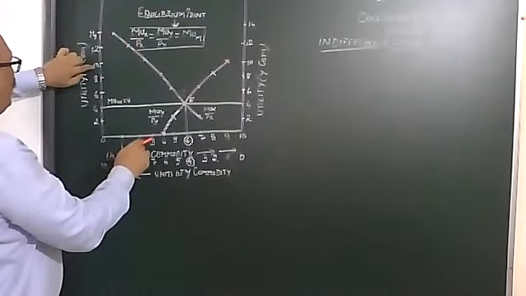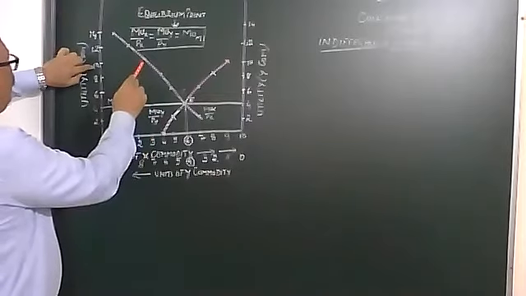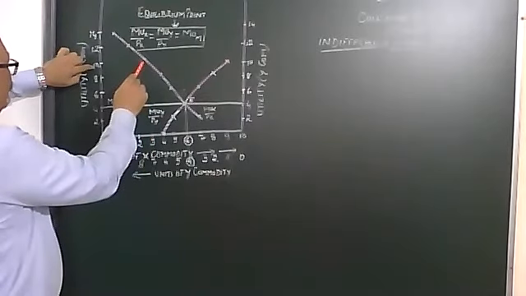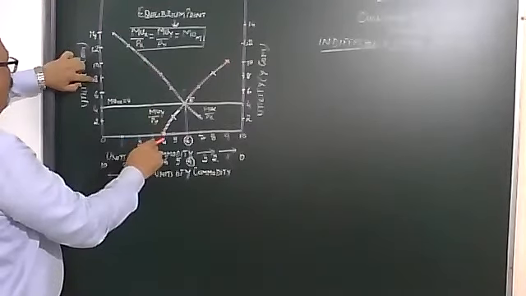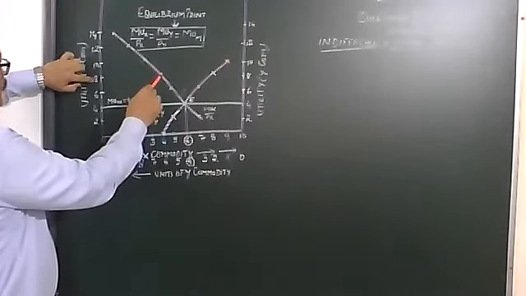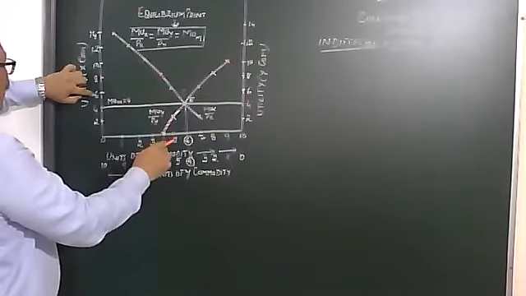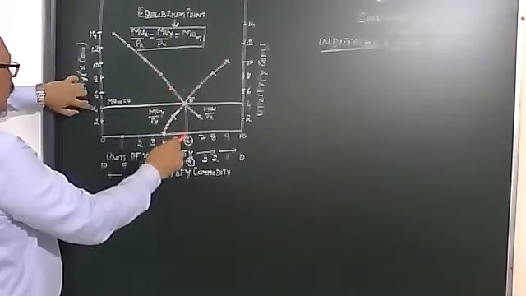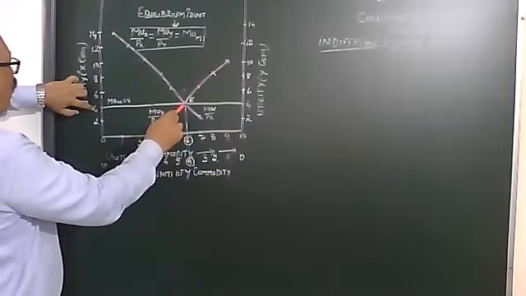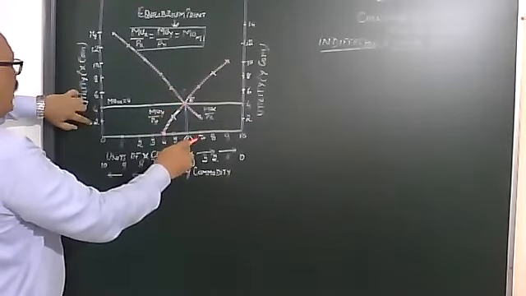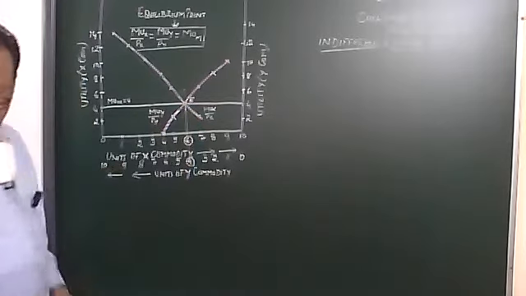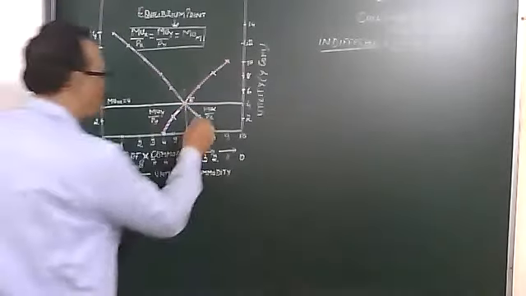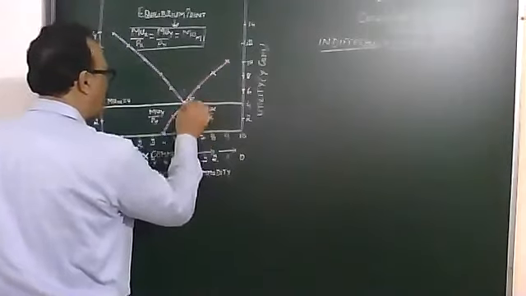Similarly, 3 is 10, 4 is 8, 5 is 6, 6 is 4, 7 is 2. So you see these are the dots or the crosses which I had put.